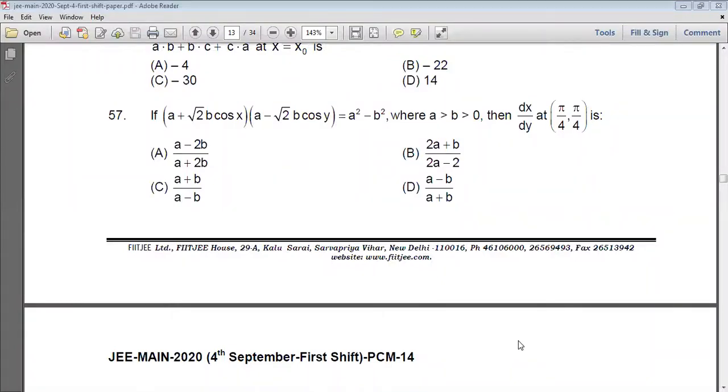Look at problem 57 once. A plus root 2 b cos x into a minus root 2 b cos y equals a square minus b square. Then what is the value of dx by dy at pi by 4, pi by 4? That means when x and y are pi by 4, what is the value of dx by dy? Now try first.